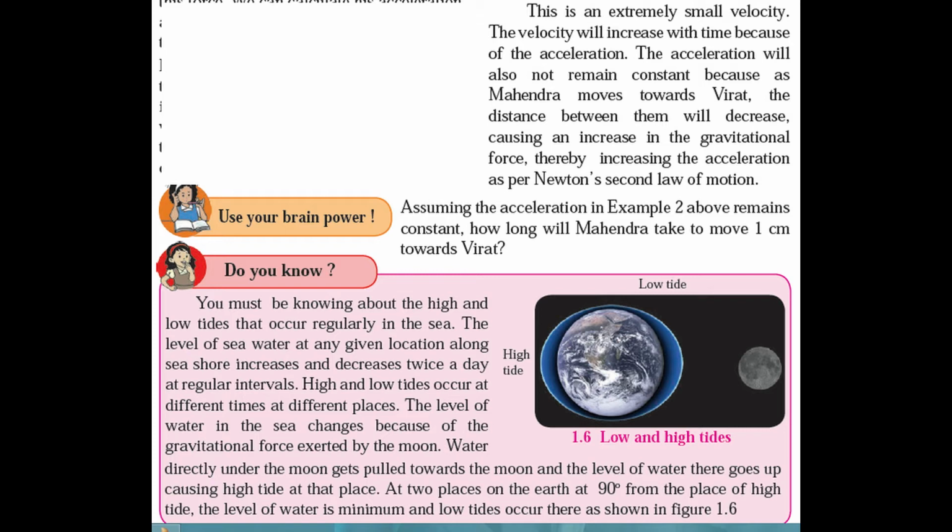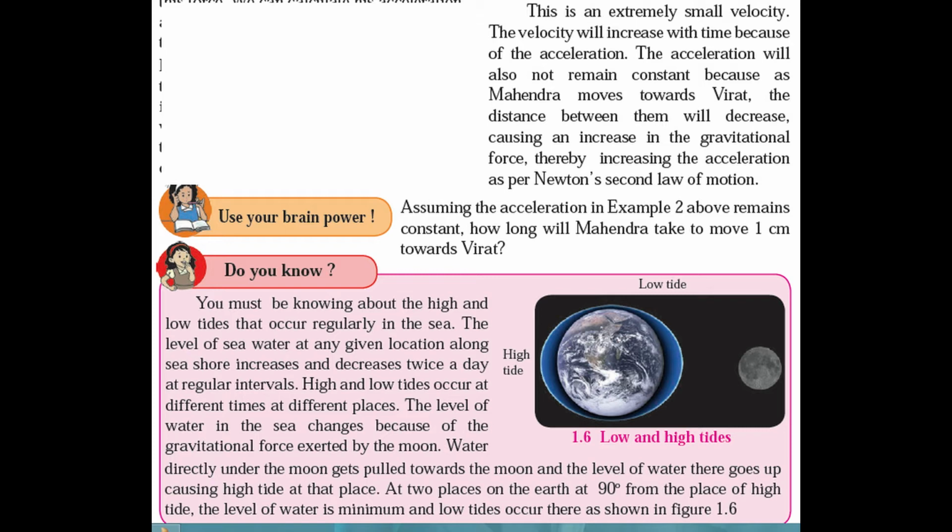So in India, if high tide occurs at 7 o'clock in the evening, it's not the same in, say, Afghanistan or in Pakistan where there is a sea. The level of water in the sea changes because of the gravitational force exerted by the moon. Water directly under the moon gets pulled towards the moon, and the level of the water there goes high, and that is a high tide.